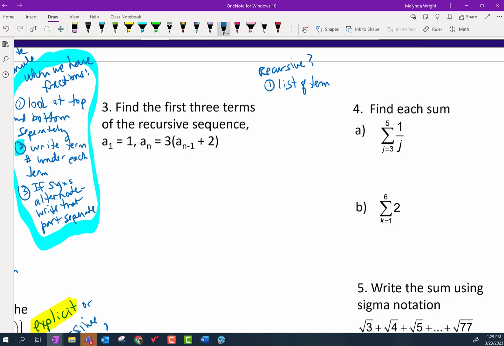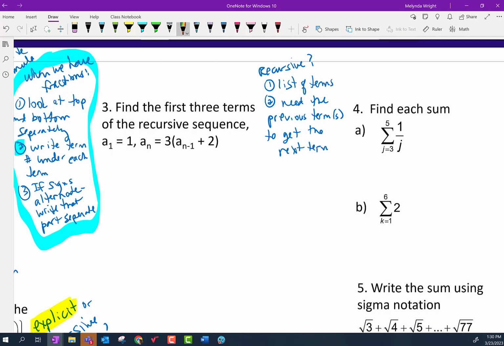Recursive formulas have to have at least one term listed, at least one. And number two, we need the previous term or terms to get the next term.